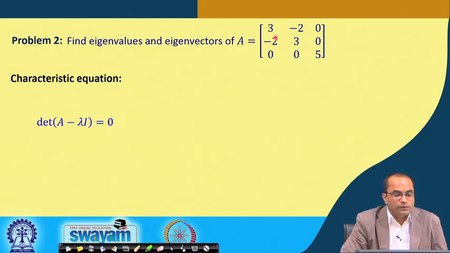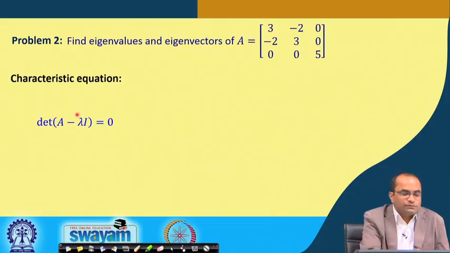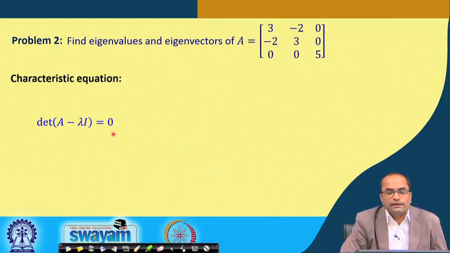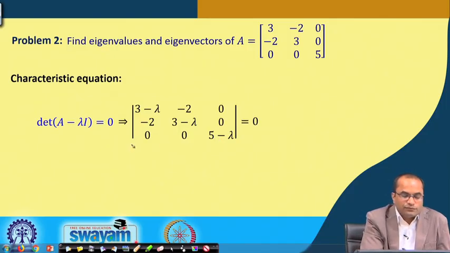So, the characteristic equation will be the determinant of A minus lambda I. So, we have to subtract lambda from all the diagonal entries, which are 3, 3 and 5 there. So, that is the characteristic equation of this matrix.